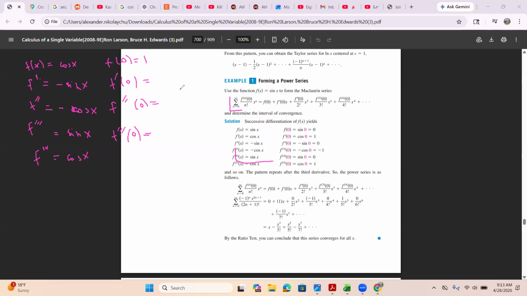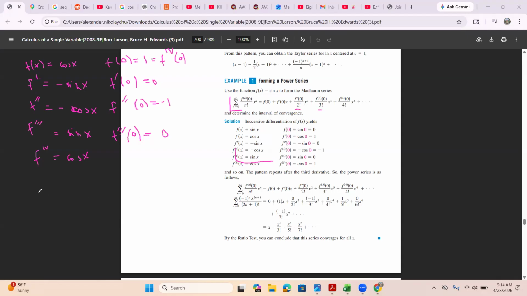The sine function then starts alternating: 0, then -1, then again 0, and then +1. That would be the same as the fourth derivative. That's why we don't need to continue, because the coefficients will start to repeat, but with one little extra, the denominators.